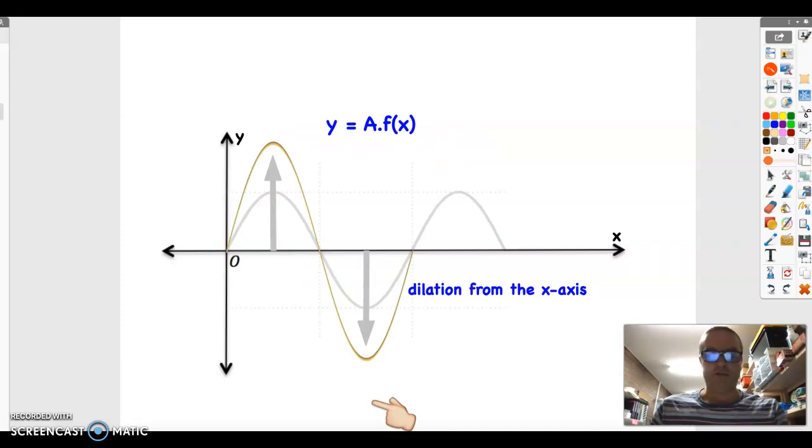An important transformation for these types of graphs is a dilation from the x-axis. And obviously you can see how the graph reaches a higher maximum, a lower minimum, but passes through the x-axis at exactly the same points. And we're just multiplying that function by some constant.